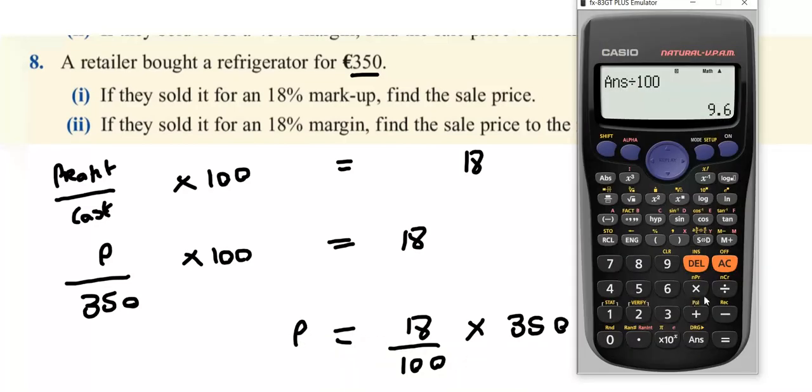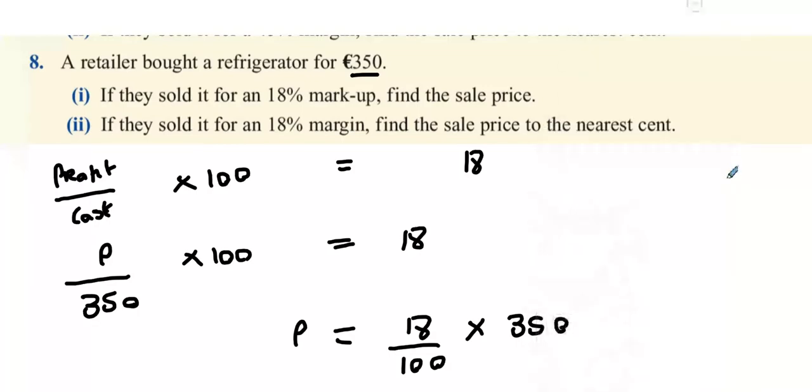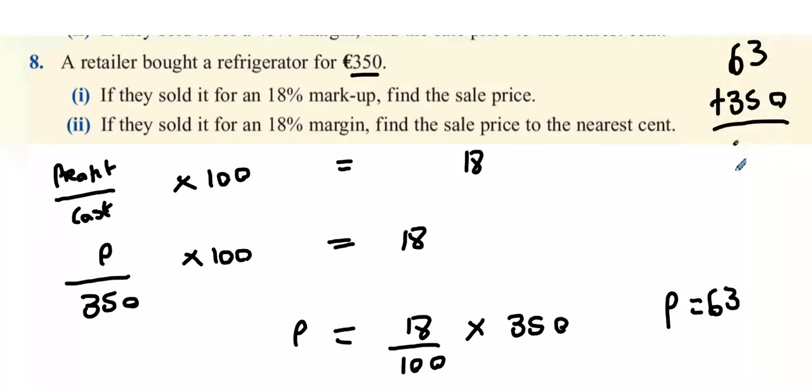So 350 multiplied by 18 divided by 100, and you get 63 euro profit. Your profit is 63 euro, and this makes your sale price 63 plus 350. So 63 plus 350 is 413 euro.